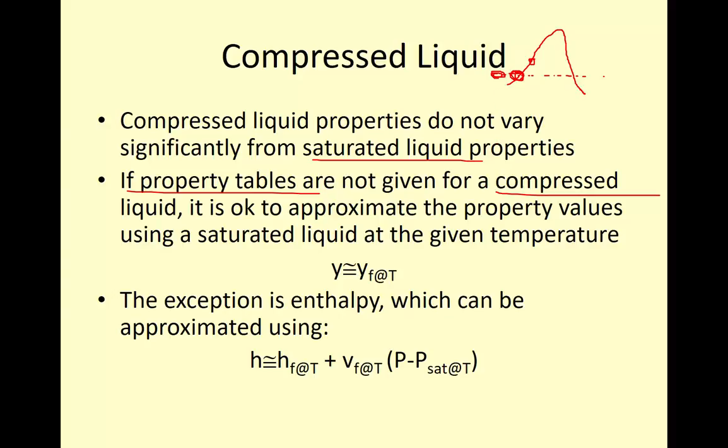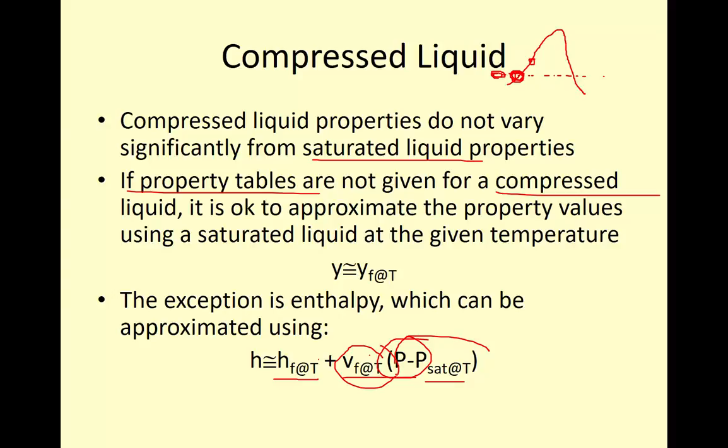The one exception is enthalpy, because enthalpy is dependent on specific volume and pressure, but we can still approximate it using the property values at the saturated liquid state. So we look up the enthalpy of the fluid at that saturated temperature, the specific volume at that saturated temperature, and the pressure it would be at that saturated temperature.